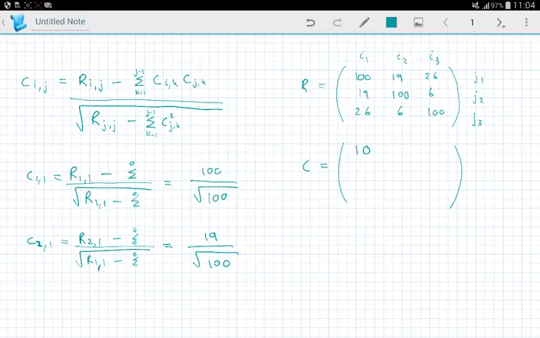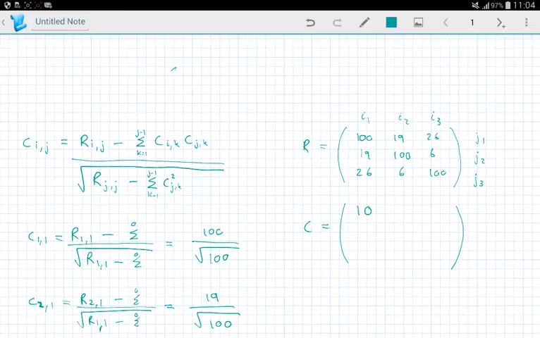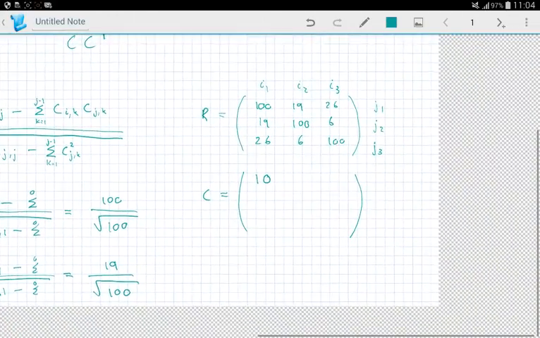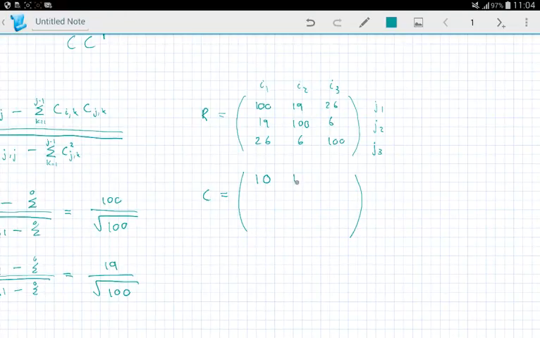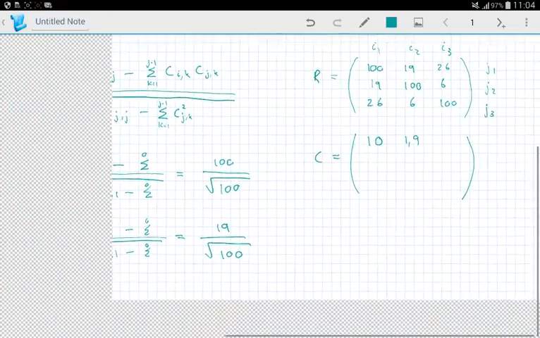Oh, I don't know, maybe it's the CCT that is the triangular matrix. I don't know. Let's see what happens. 1.9.